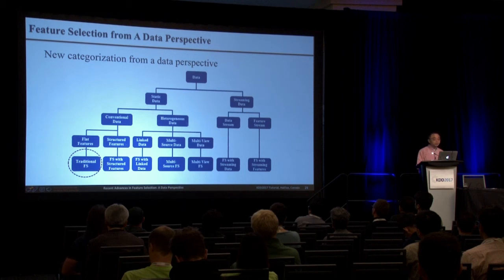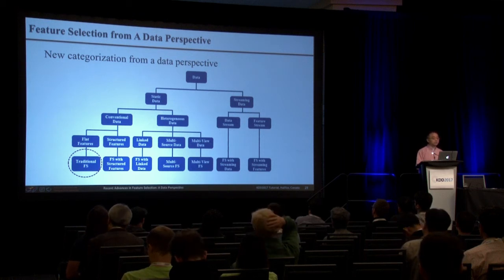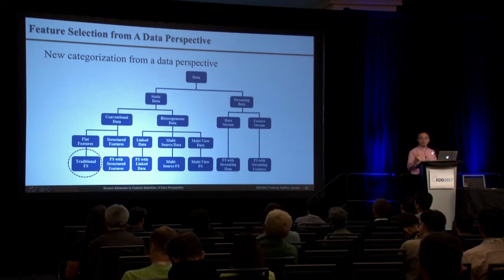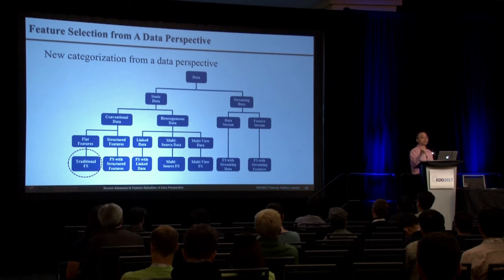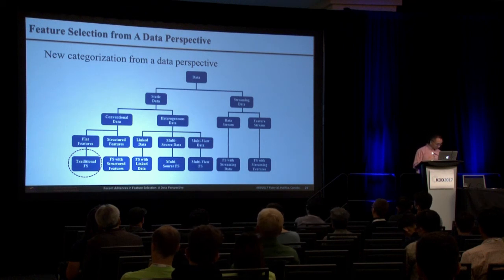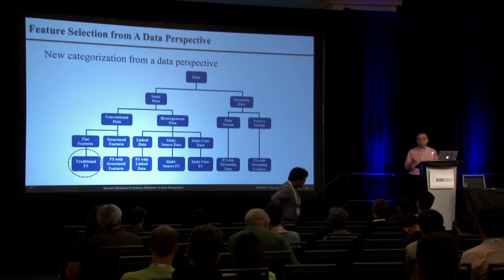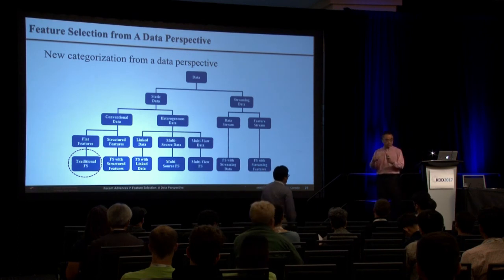For the heterogeneous data, we have linked data, multi-source data, and multi-view data. You see, we have so many of these different data types. And of course, again, remember the no free lunch theorem, and there is no universal feature selection algorithm either, okay? So I think that's my introduction part, and Jiliang will talk about the rest, the conventional part.